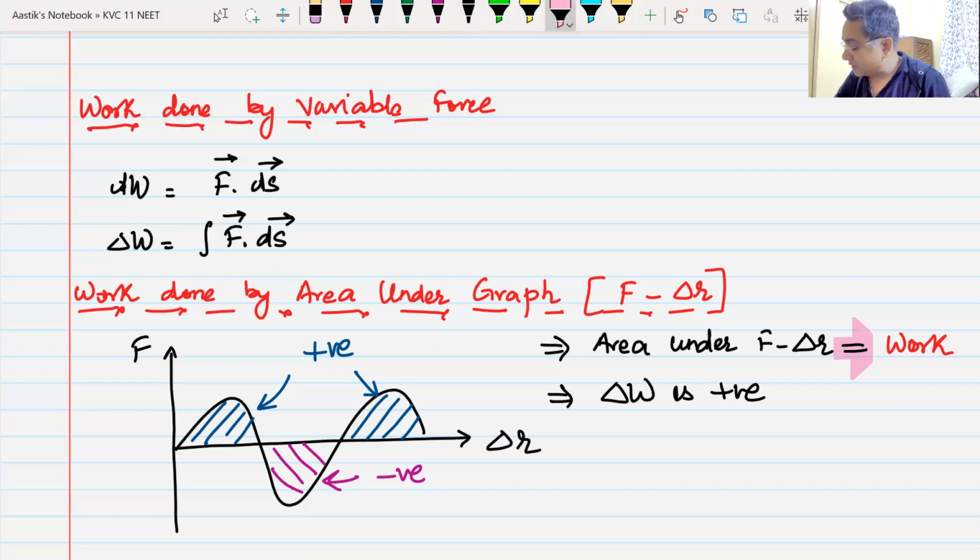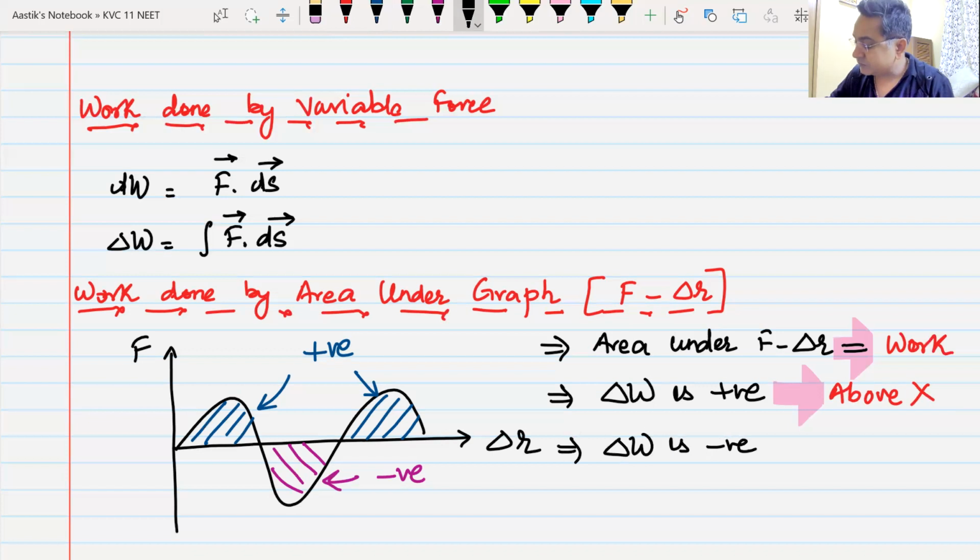When will you take them as positive? If it is above x-axis. The area under this graph or work done is taken as negative when it is below x-axis. Give you 1 minute to note this down.